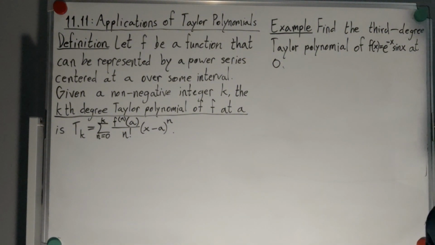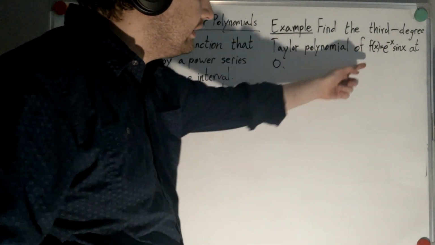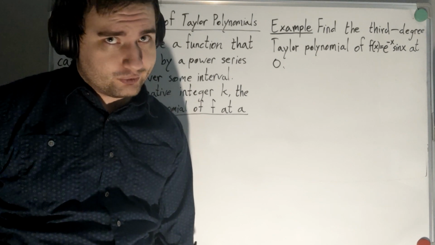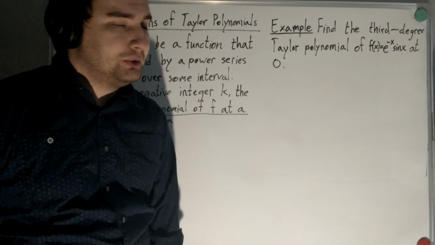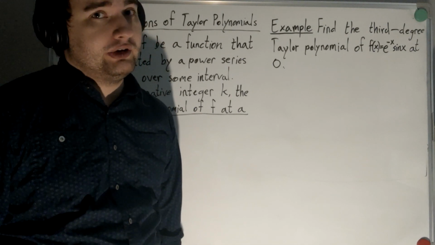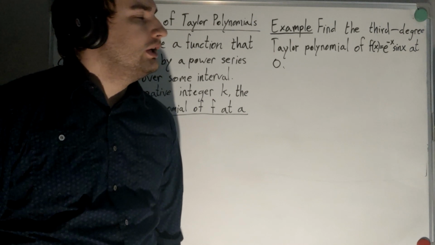Now, finding the Taylor series of this thing would be complicated because every time you take its derivative, you're going to have to do the product rule. So this is probably a little bit too hard for me to ask you to find its Taylor series. Well, it's not that it's too hard, it's just it would take too long.